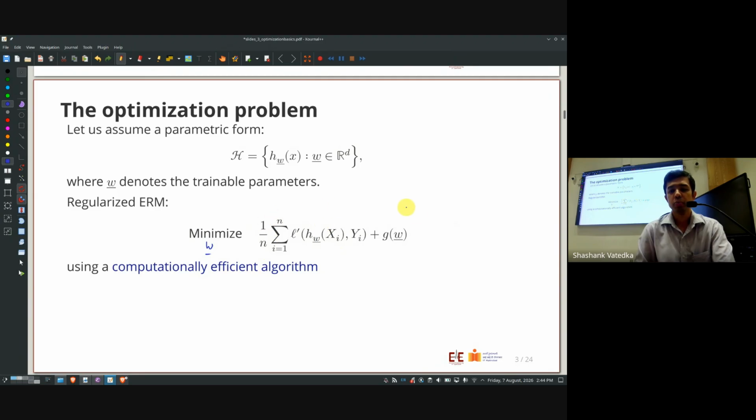So in particular, what does this function look like? This is basically a sum of n functions plus some other function. So it's a sum of n plus 1 functions, each of which depend on W in potentially some complicated way.